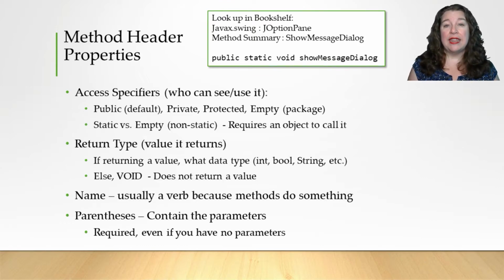Public means that this method can be seen by anybody who can see this class. So if I have my class goober and I have a method in there that is foo, and I make it public, anybody who can see my class, anybody who can access that file, can see that method and can use it. Private is only available inside of my class.